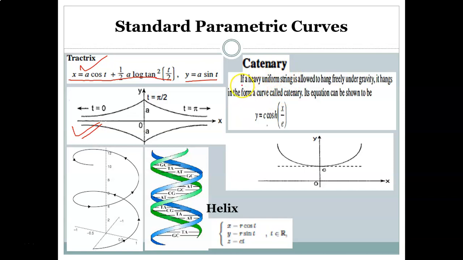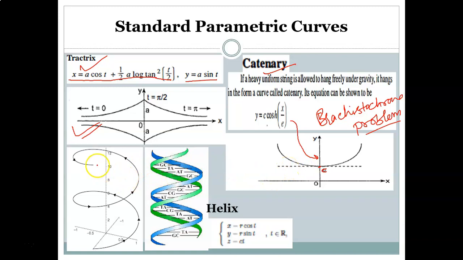The catenary is also important for the Brachistochrone problem, because the solution of the Brachistochrone problem comes out to be a catenary. So that's an important thing. And the catenary is generally this type of curve. It crosses the y-axis at some point c. So basically for this curve, the geometry is like this.